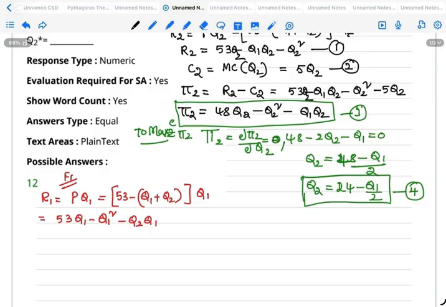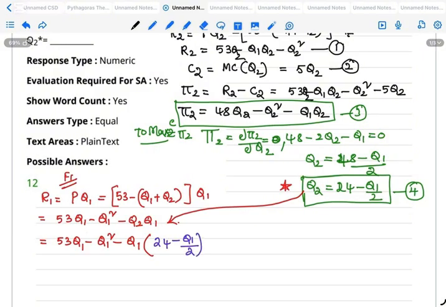Okay, now here is the very important step. You have to put this Q2 value in terms of Q1.